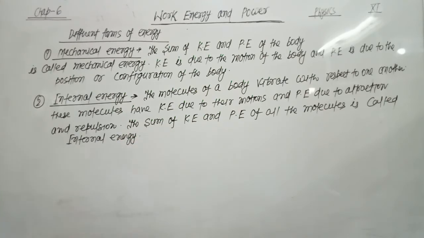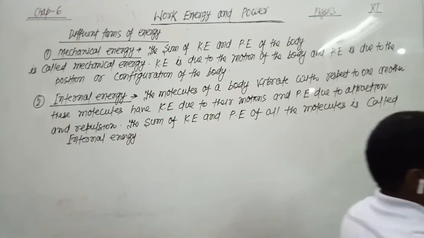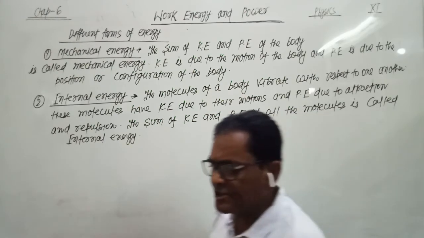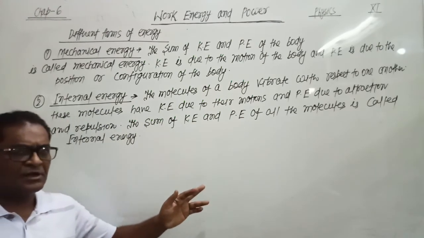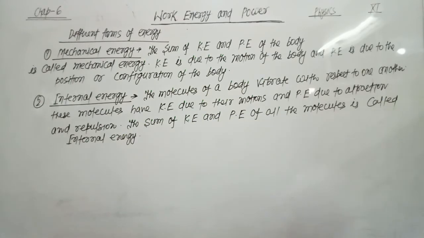So the molecules of a body vibrate with respect to one another, and these molecules have both the energies. They have kinetic energy due to their motions, and they have potential energy due to their attractions or repulsions with each other.